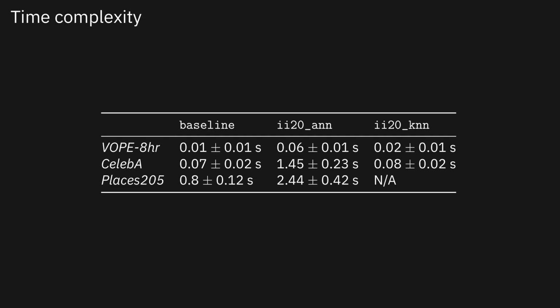We are happy to report that all configurations of II-20 run in direct manipulation mode, which is under 2 to 3 seconds per interaction round. And in many cases, this time is slashed further into real-time mode, which is under 0.1 seconds. So II-20 is very suitable even on large-scale data sets.